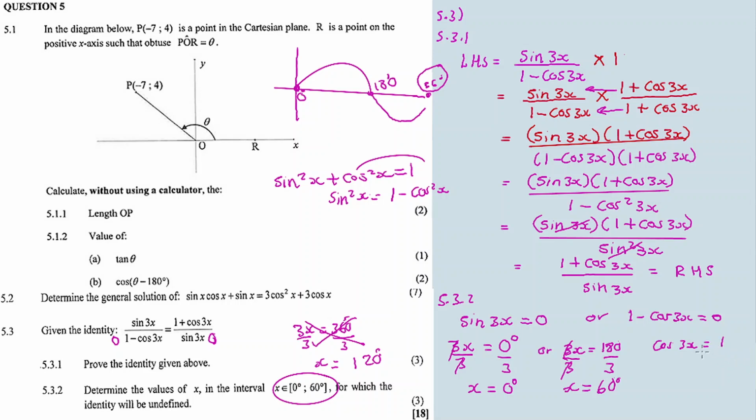Okay, the cos function goes 1, then down, and then back up, so it's 0, 90, 180, 270, and then 360 degrees.